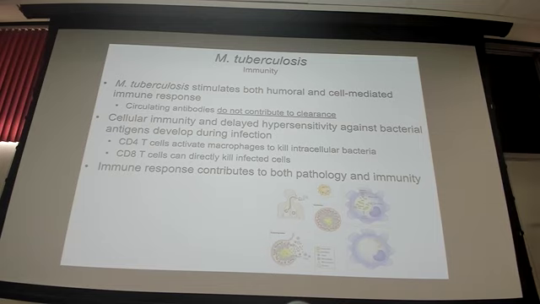One of them is cell mediated, the T cells, and then the other arm was humoral. So we're talking about antibodies produced by B cells, right?